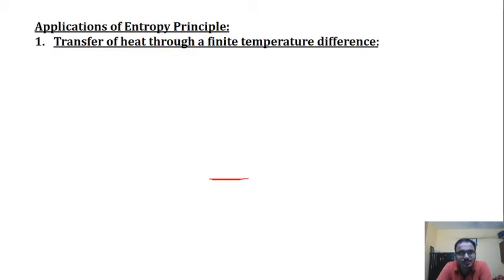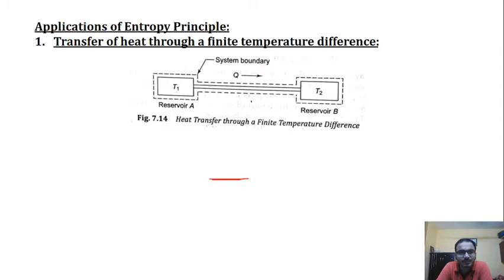First is transfer of heat through a finite temperature difference, in which we have two reservoirs at different temperatures and they are connected with a rod.